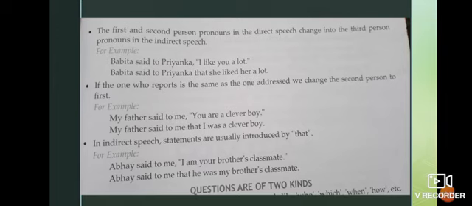I, first person, you, second person. And while we are converting it into indirect speech, we change it into the third person. That is, Babita said to Priyanka that I will be changed into she, liked her a lot.